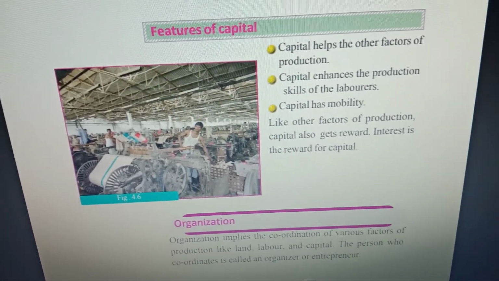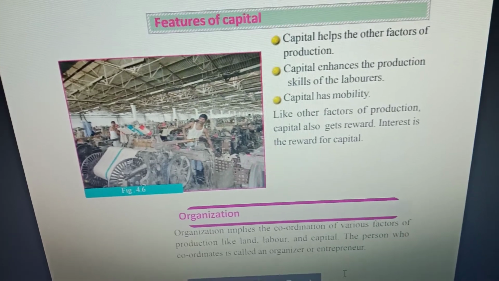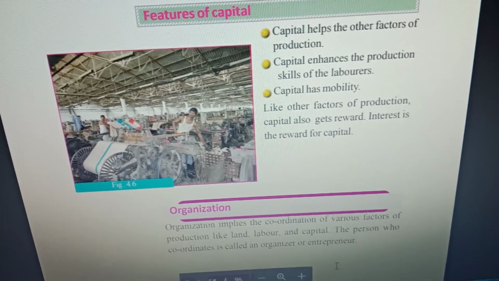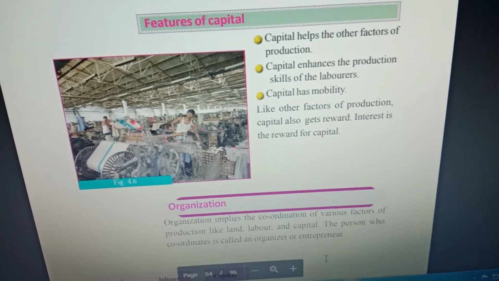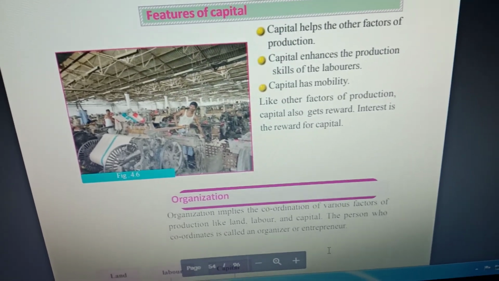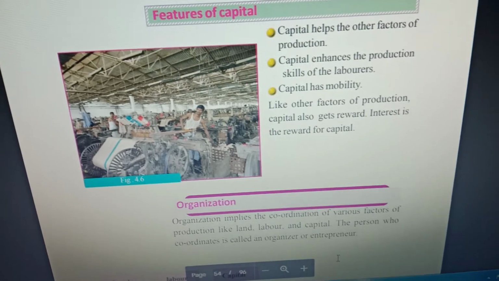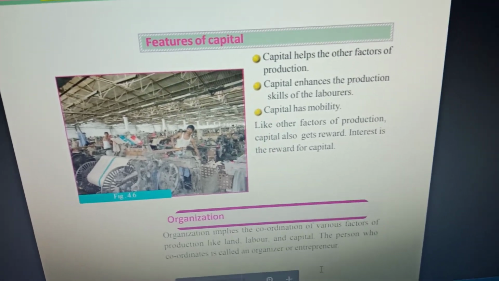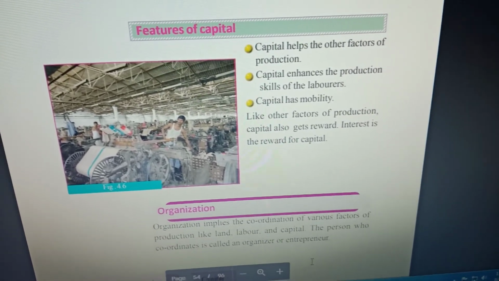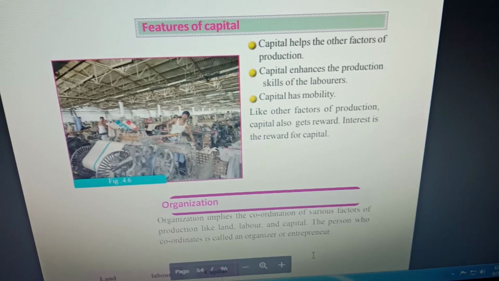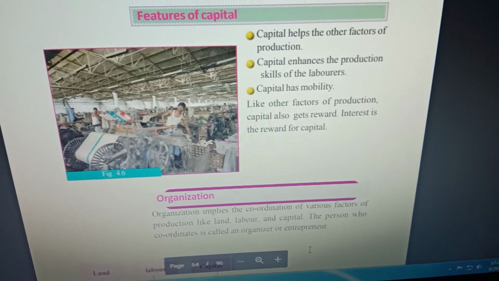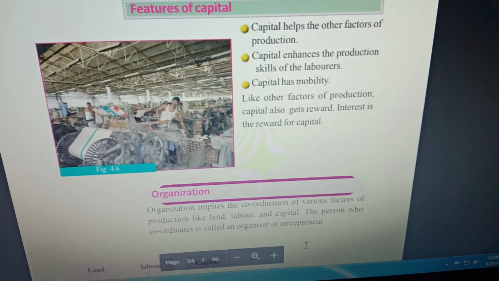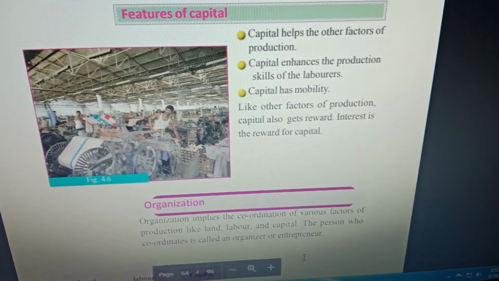How does capital help other factors of production? In order to buy land, an entrepreneur or organizer needs capital. In order to give wages to the laborers, the organizer needs capital. In order to start and control a business, an organizer needs capital. That's how capital helps other factors of production.